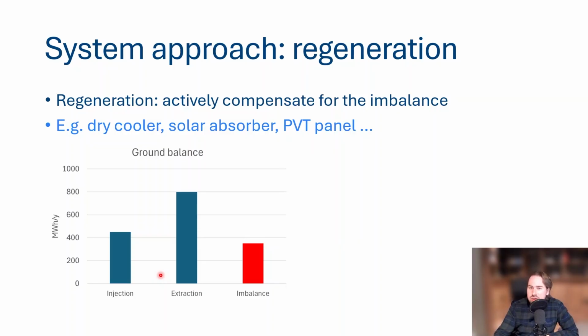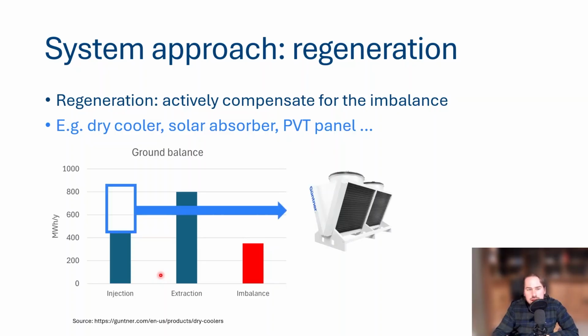So what we can do is we can actually say, let's increase the amount of heat we inject into the ground by, for example, using a dry cooler in mid-season or in summer. It captures the heat from the surrounding air and it puts it back into the ground.